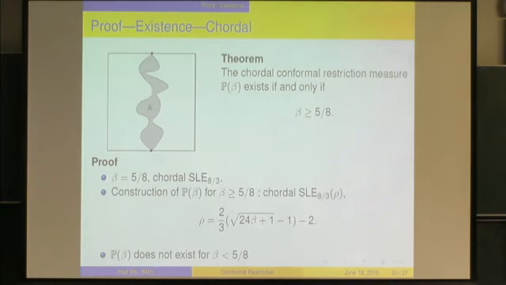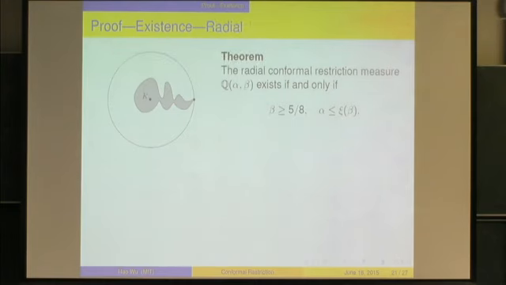And next, we can talk about the existence part for the radial case. You can see that the construction of the radial case is pretty parallel to the chordal case. So the conclusion here is that the radial conformal restriction measure exists if and only if the lower bound for beta is the same as in the chordal case, and there is this upper bound for the exponent alpha.